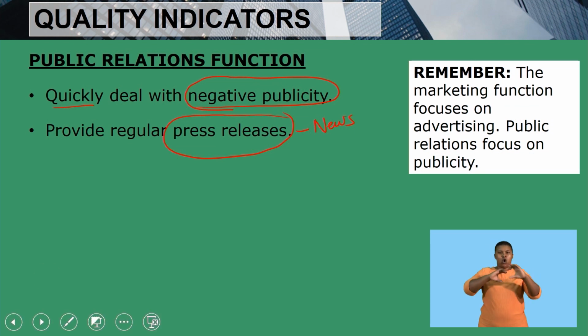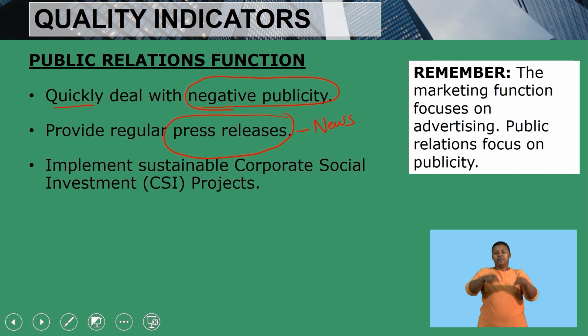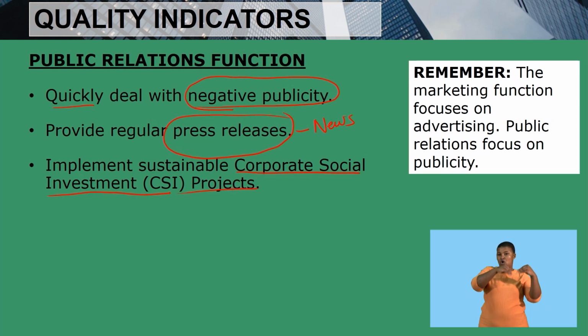So they communicate with the media. They are also responsible for implementing corporate social investment projects, or in short, CSI projects. CSI projects are projects that address certain socio-economic issues in the community. So maybe they have a project that addresses poverty or HIV/AIDS or unemployment.